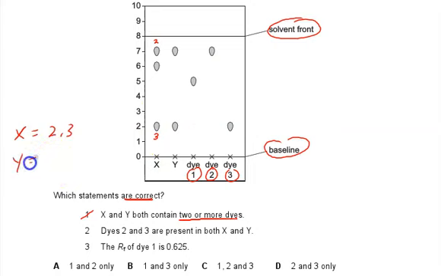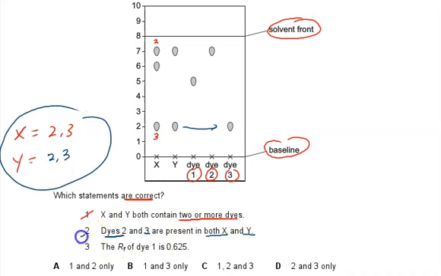Let us look at Y. Y has the same 2 and 3. So X and Y both contain 2 or more dyes, so 1 is correct. Now let us look at number 2: dyes 2 and 3 are present in both X and Y. Yes, correct. Number 2 is correct.